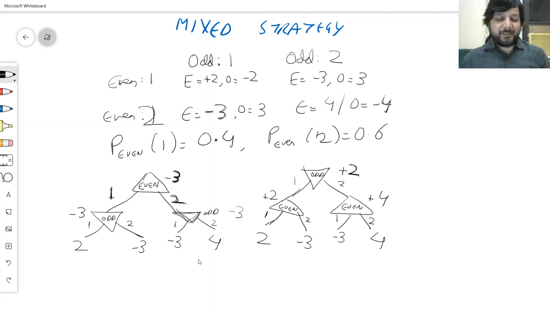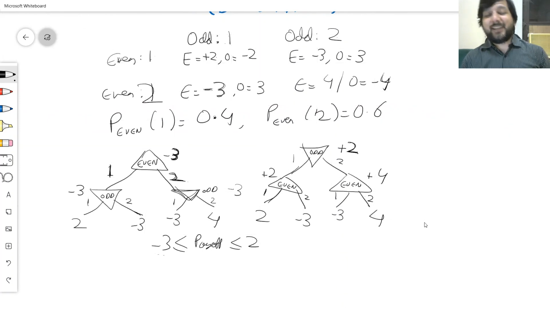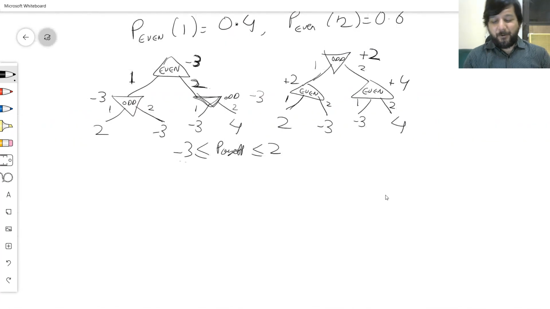That means the score has to be between minus 3 and 2. One is when you are an idiot and the other person is a pro at cheating, looking at what you're doing, and the other is when the other person is an idiot and you are an absolute pro. So that's what we get.